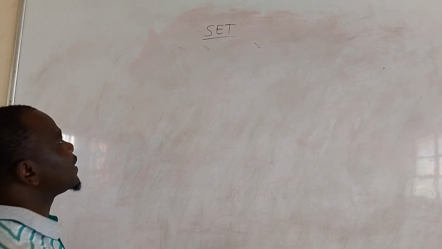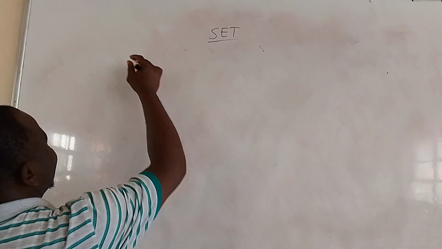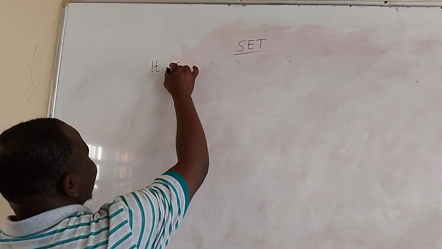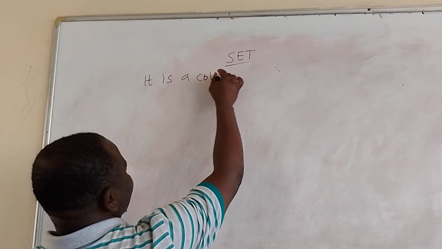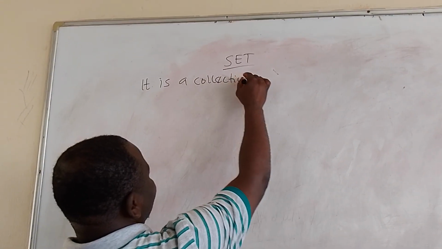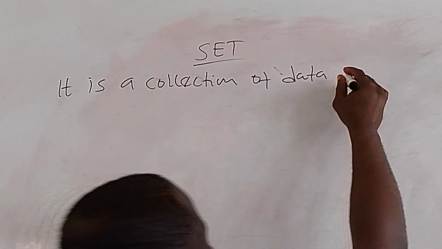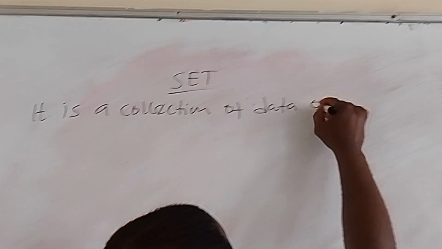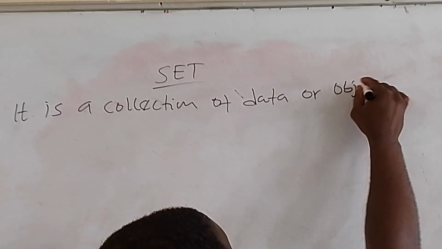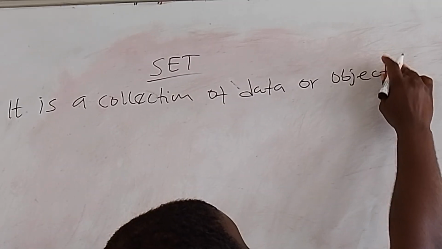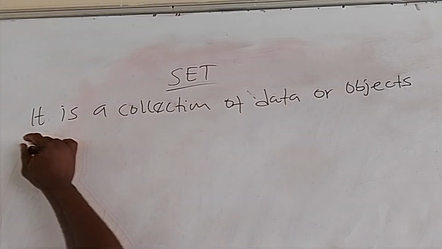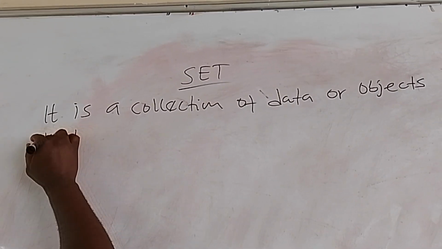A set is a collection of data or objects that is well defined.